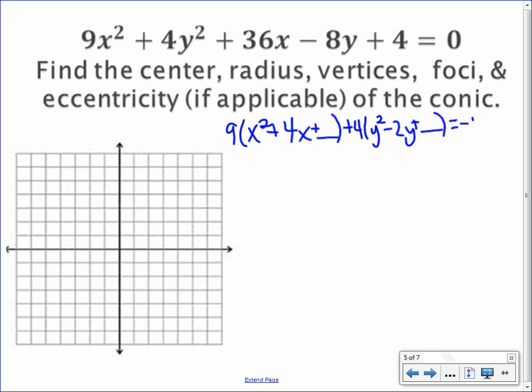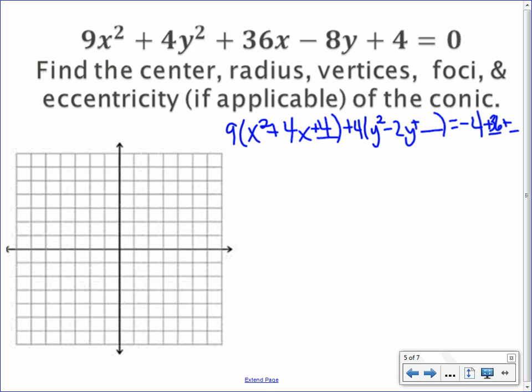And this equals negative 4 plus our two mystery numbers. Okay. Now, what completes our square here? 4, but it is really being multiplied by 9, so to balance we need 36. Not in here, because it's really 36.